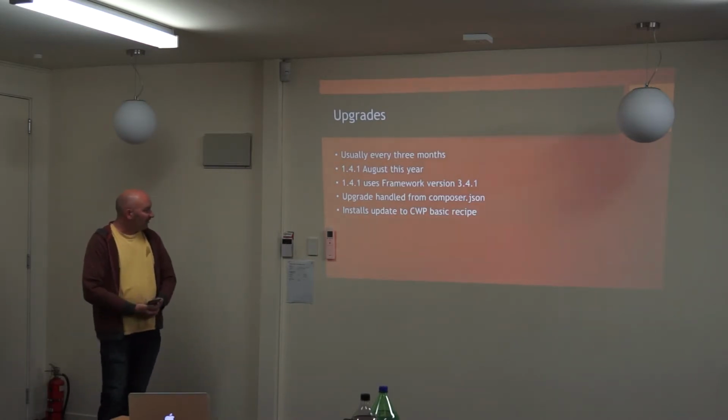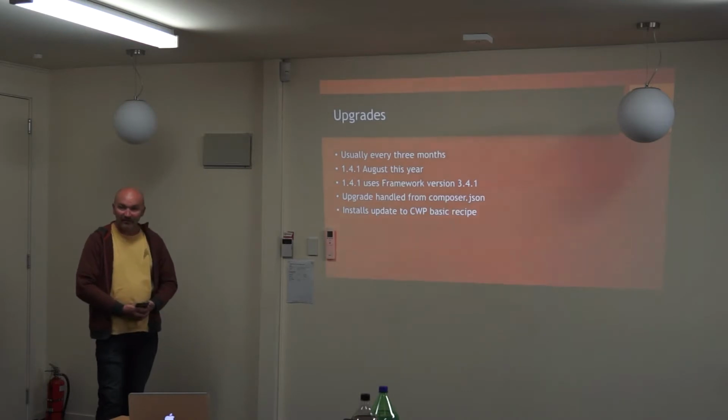The upgrade, of course, is just handled from Composer. So just go and change the Composer JSON to point to the basic recipe. The basic recipe pulls down all of the modules again, and any extra ones that come in.